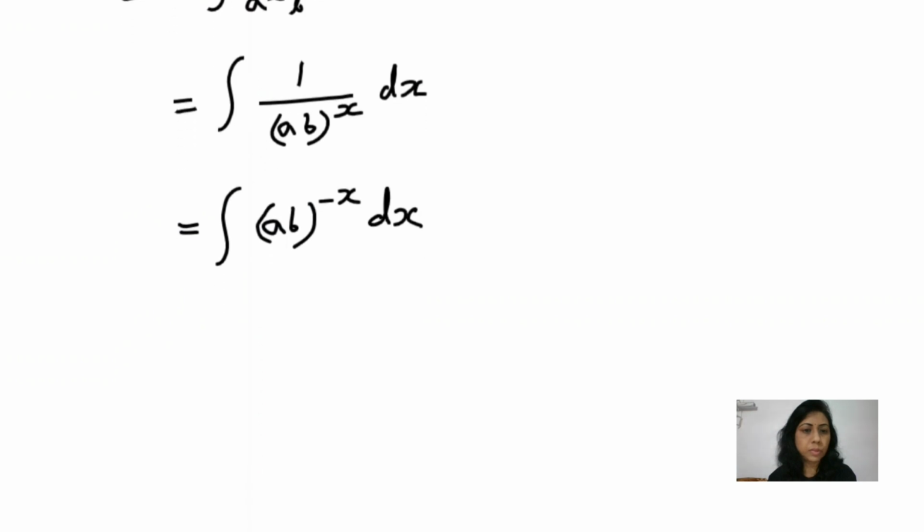Here we put minus x is equal to t. When we differentiate, minus dx is equal to dt, and dx value is minus dt.